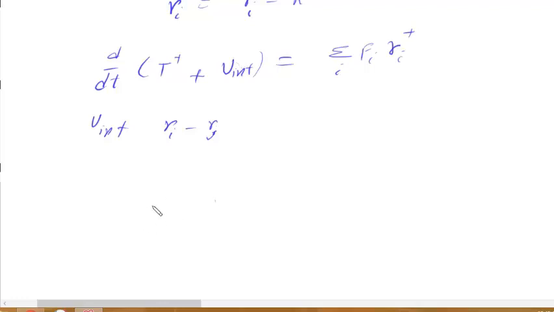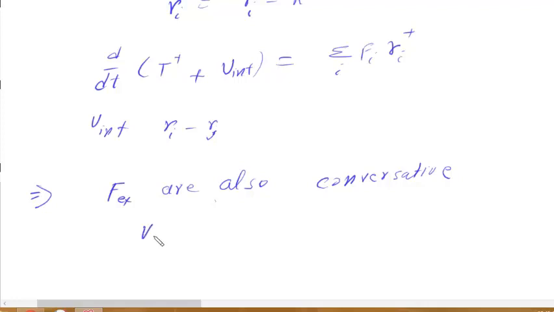If the external forces are also conservative, then there must also exist a corresponding external potential energy, V external, whose rate of change is the minus of the rate of working of the external force.